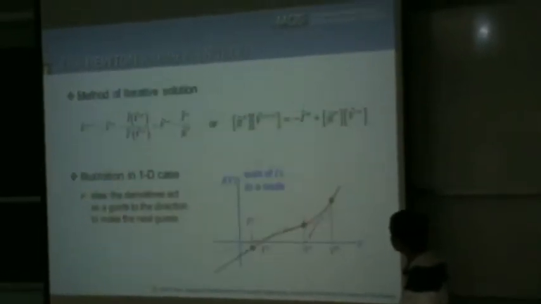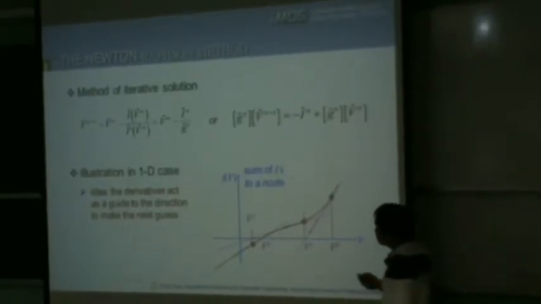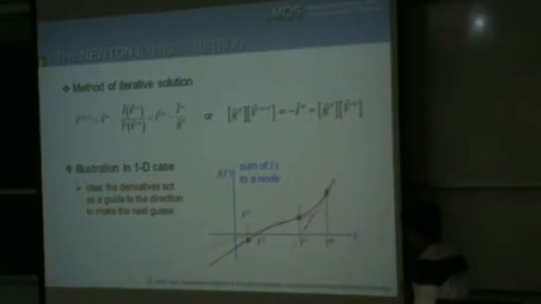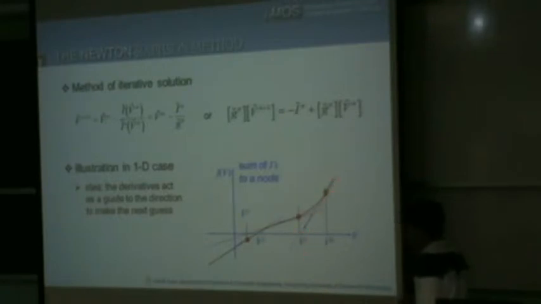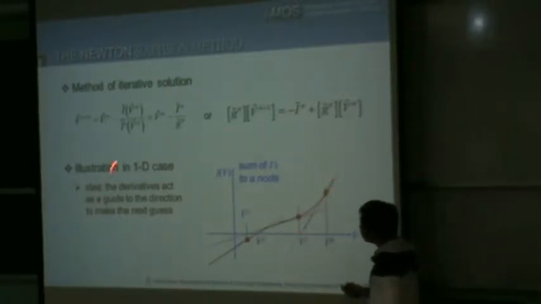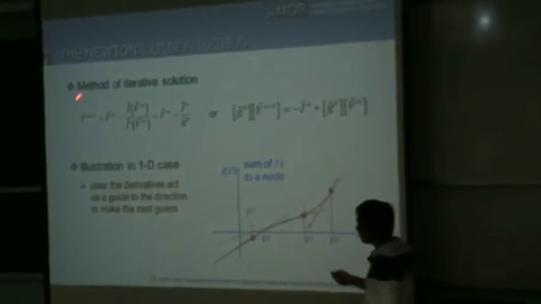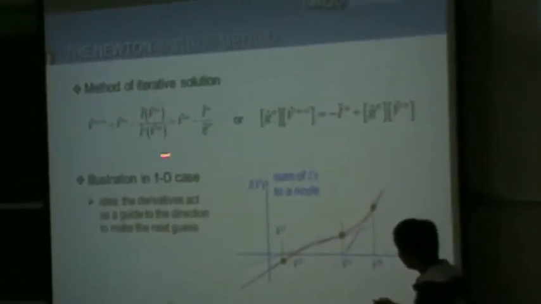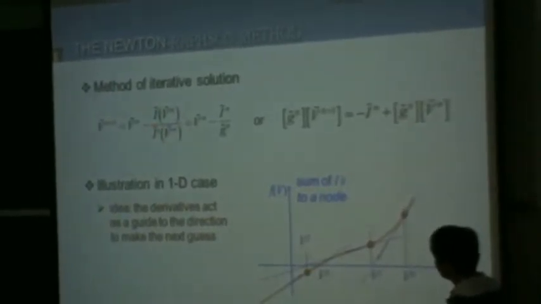To do that, you can use Newton's method. I think most of you know about this, so I don't have to go into detail. But in 1D, basically you guess a solution, then you linearize it based on the slope to find the next solution, etc. In vector form, we make the next guess based on the current guess, the current value of the currents, and the derivative of the currents with respect to all voltages.